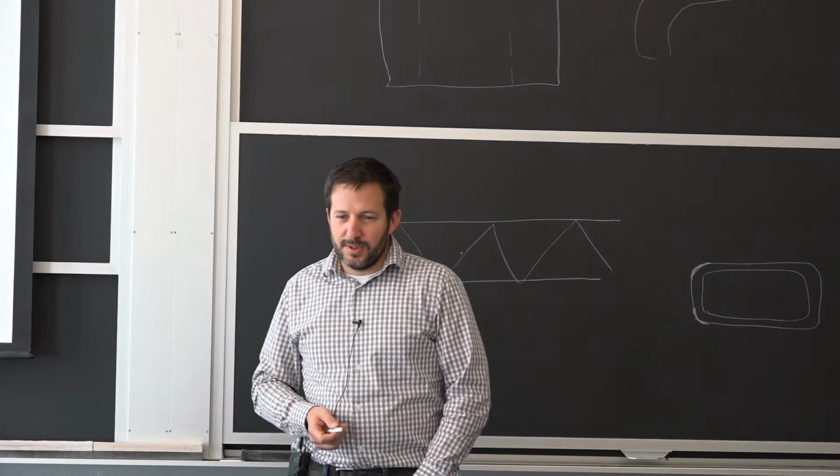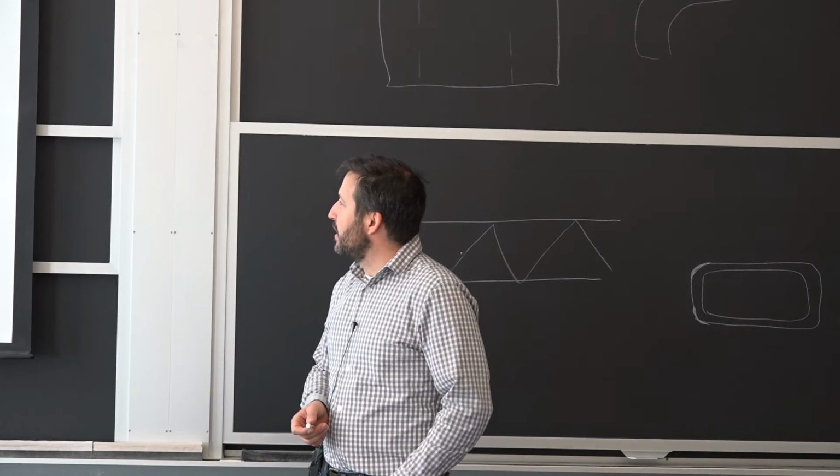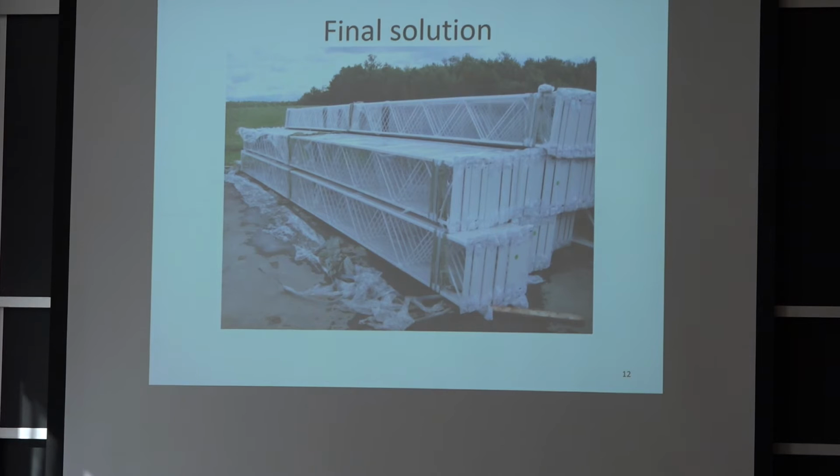So it turns out they all agreed to make new joists that we inspected, and they still weren't perfect, but they were definitely much better, and they actually added redundancy. So instead of having one diagonal, they had 2 diagonals in some situations.